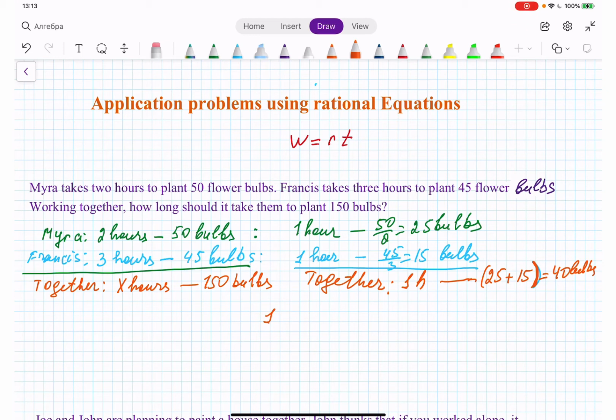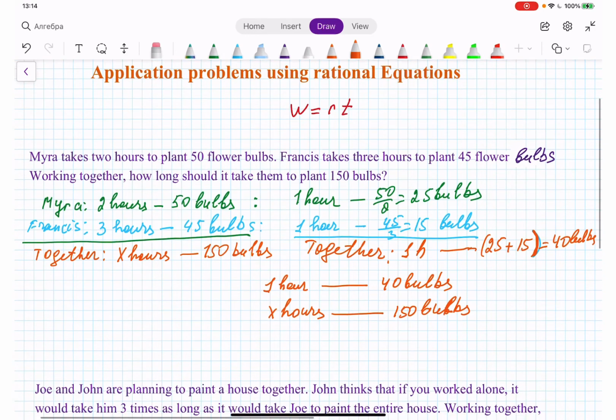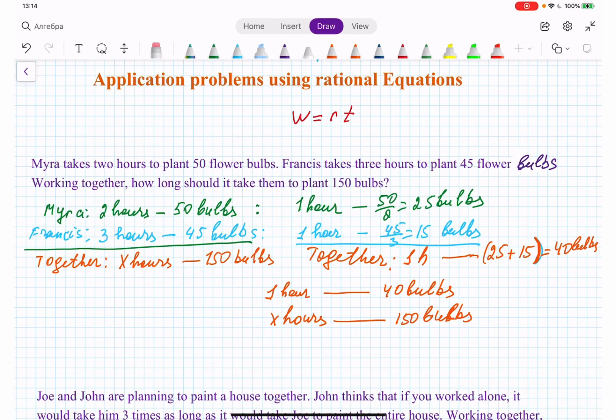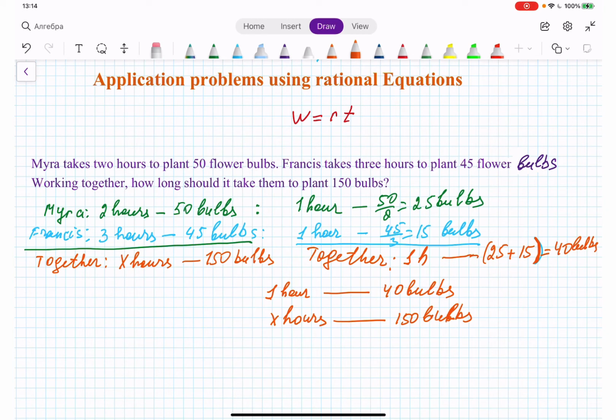So 1 hour, 40 bulbs; X hours, 150 bulbs. For the proportion, I will place a link to my special video on how to calculate proportions. We are going to do cross multiplication.